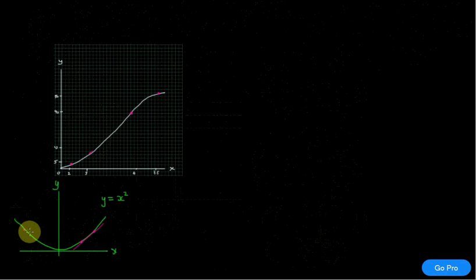You would notice though that the slope over here is in the opposite direction. This would be some kind of positive slope, but this would be some kind of negative slope. So our goal is to find out what is the slope at any point in time. So I'd have to find some way of generalizing this, and I can do it the exact same way as I did in the previous example.